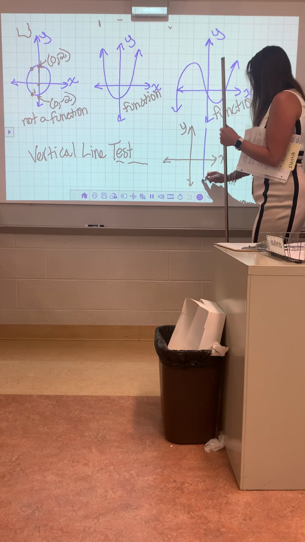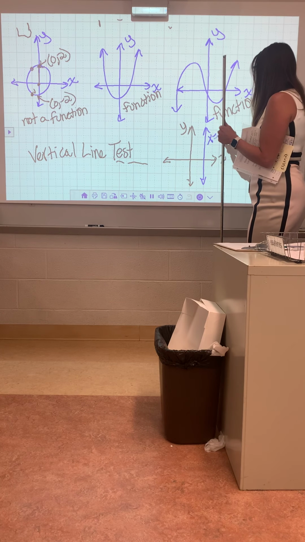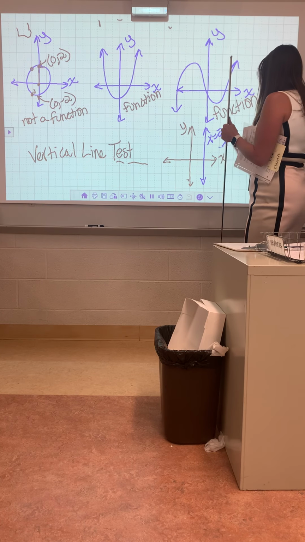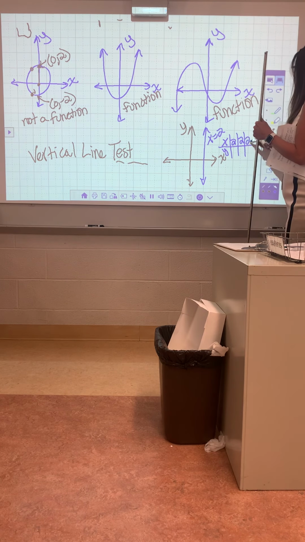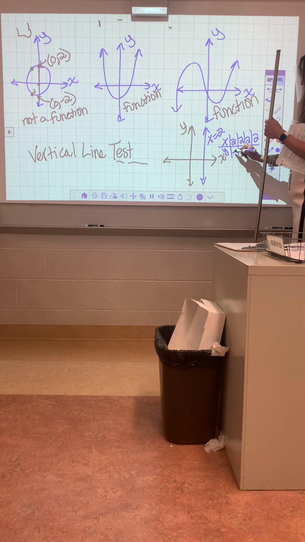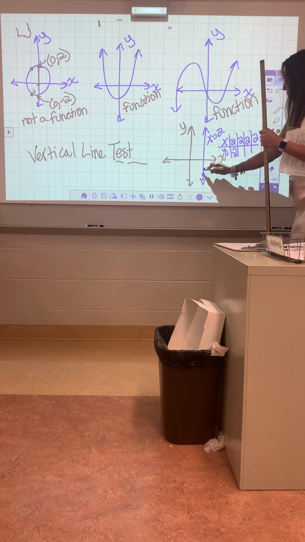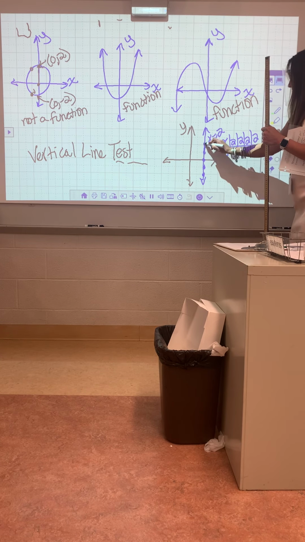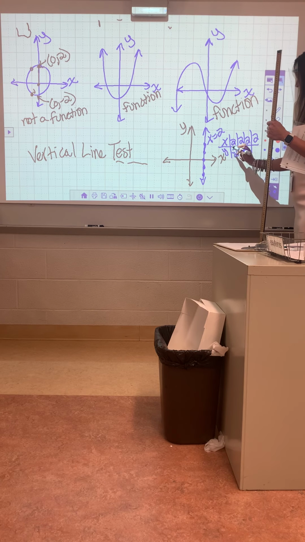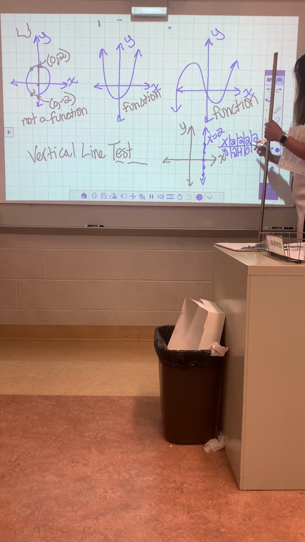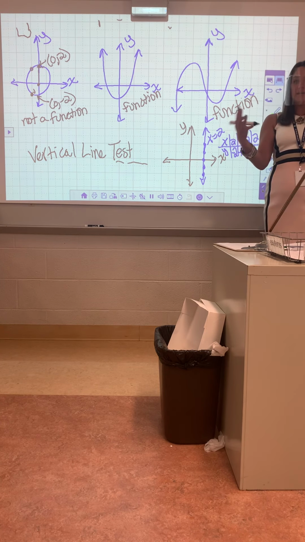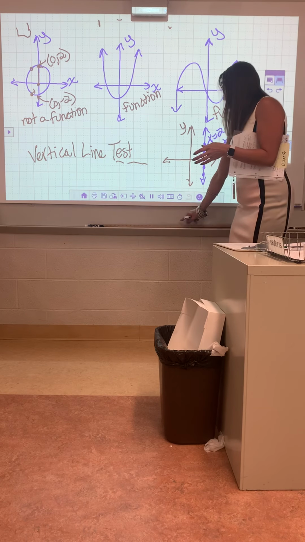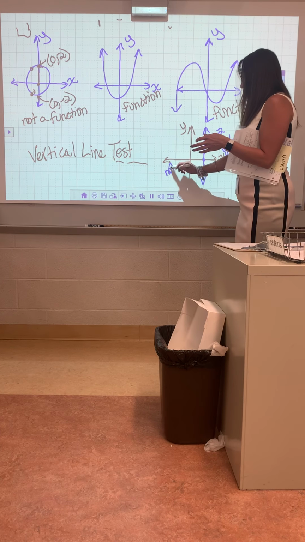So if we have this vertical line right here where x is 2, for all of those inputs, we're getting all different outputs. So here we have (2, -2), (2, -1), (2, 0), (2, 1). So this one x value has infinite y values. So vertical lines are not functions.